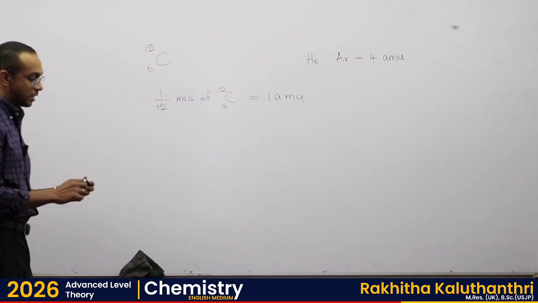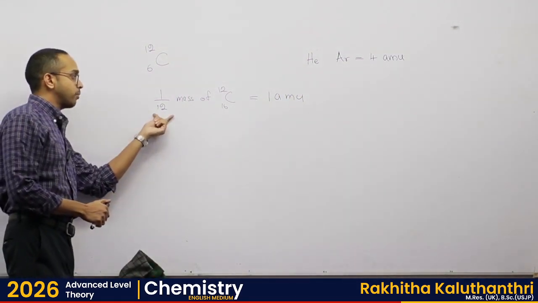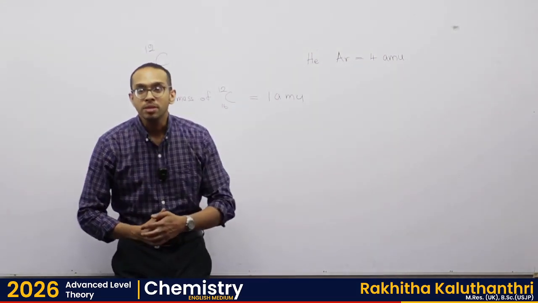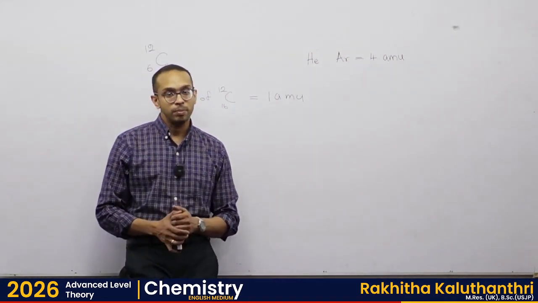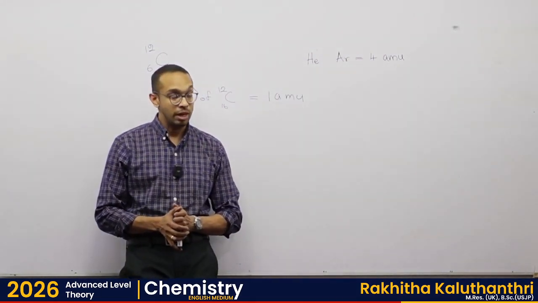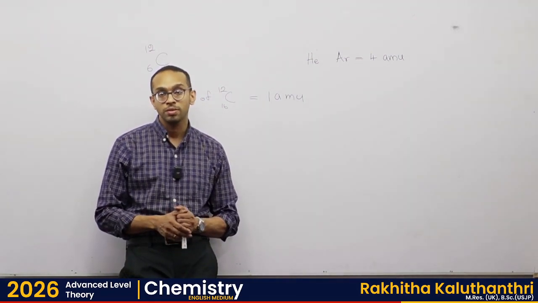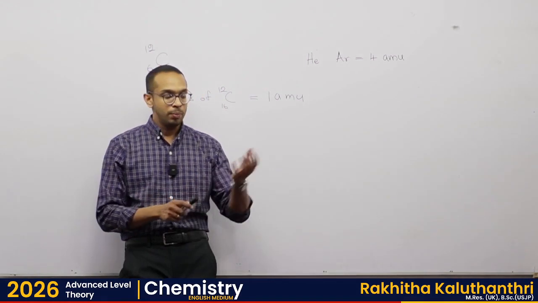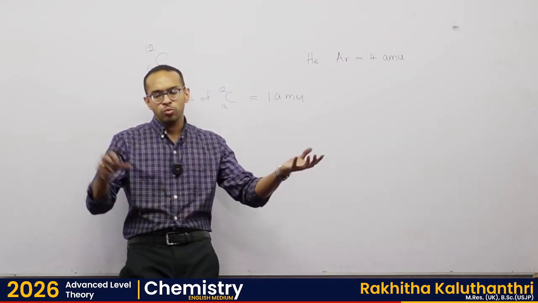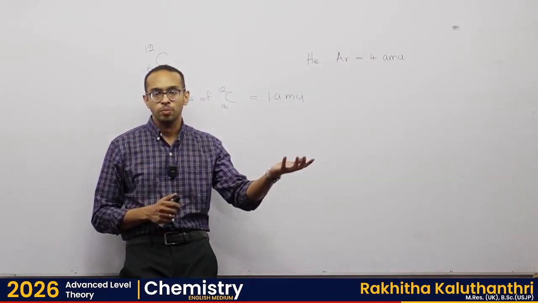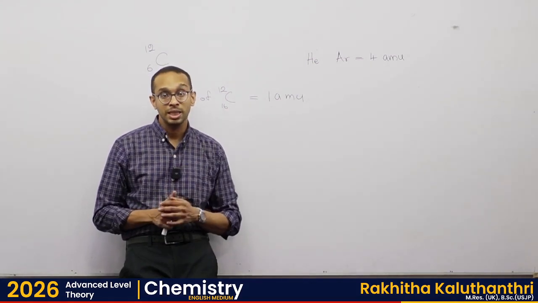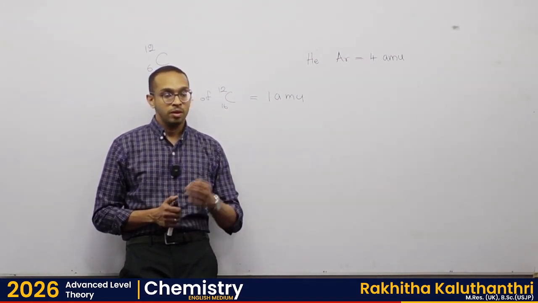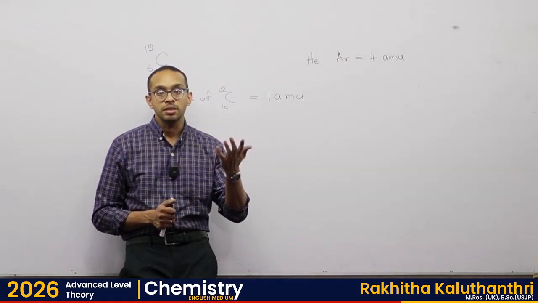So then we started comparing this 1/12 the mass of carbon 12 isotope against other atoms and communicated the atomic mass value, right? So relative atomic mass values are basically obtained by comparing a particular atom's mass against 1/12 the mass of carbon 12 isotope. So if you say oxygen is 16 amu, that means relative atomic mass of oxygen is 16.